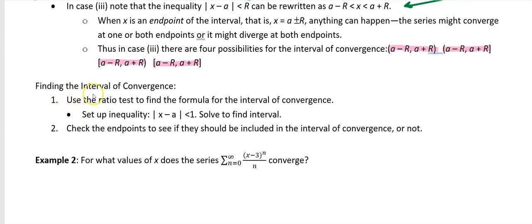Okay, so how do we find the interval of convergence? First, you're going to use that ratio test to find the formula for the interval of convergence. Then you'll set up that inequality to be less than 1. And again, the reason it's less than 1 is because of your ratio test.